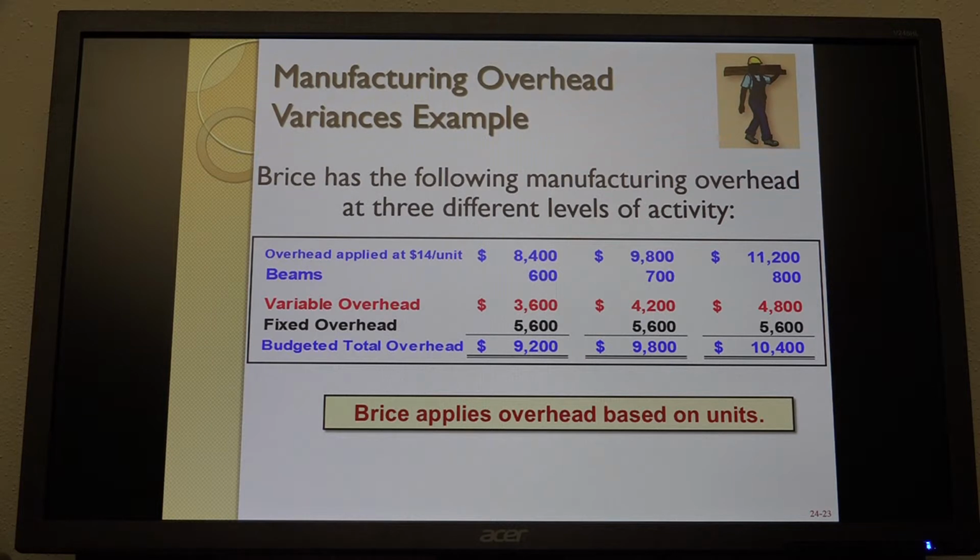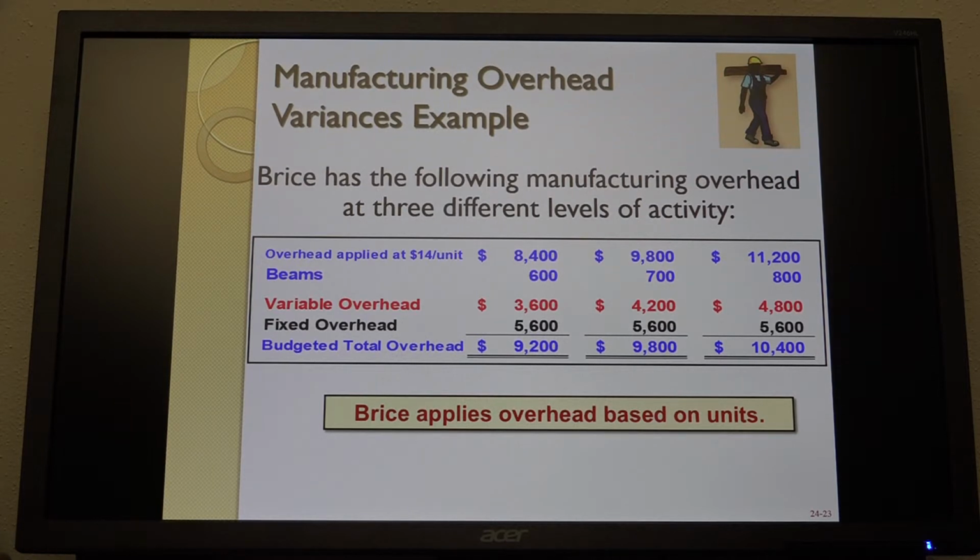You've got your variable overhead of 3,600 for the 600 beams. For 700 beams, it's 4,200, and for 800 beams, it's 4,800. So notice that for all those, the one constant is that they're applying overhead at $6 per unit.